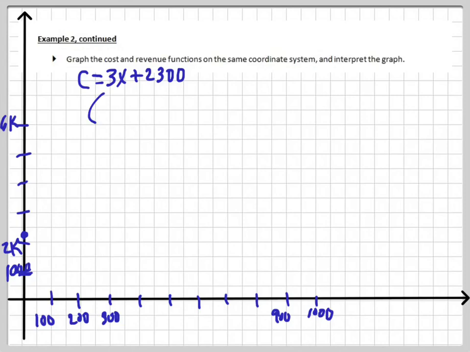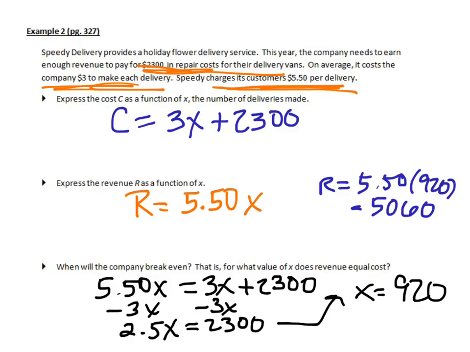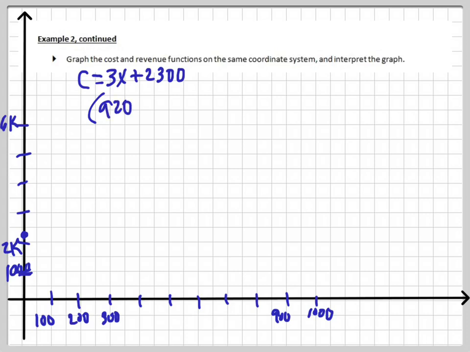That point was 920, 5,060. So if I go over to 920 approximately and head up to 5,060, that puts me about here. That's a very rough estimate of where that point is. Then I'll connect those two points with a line.